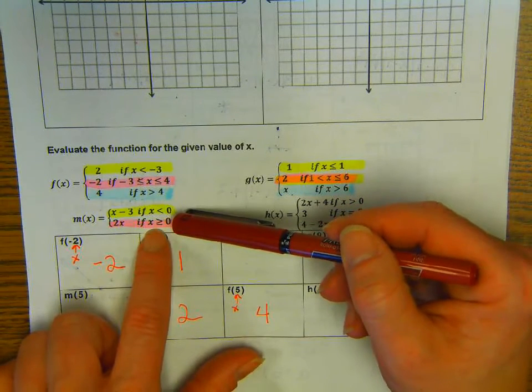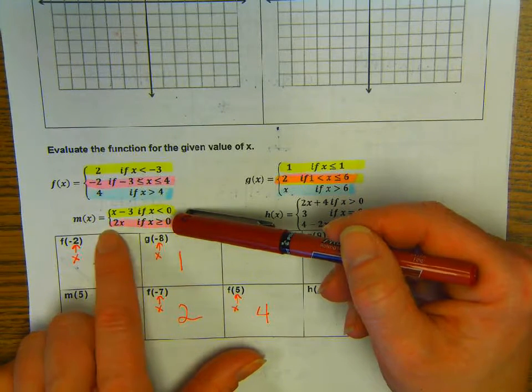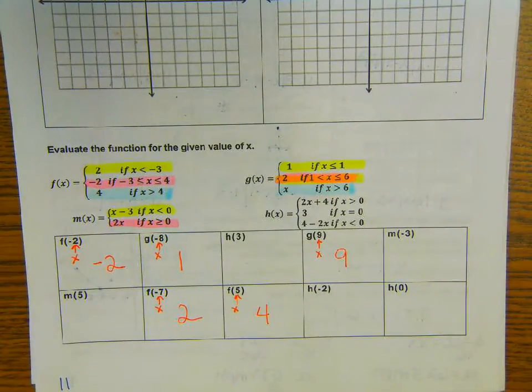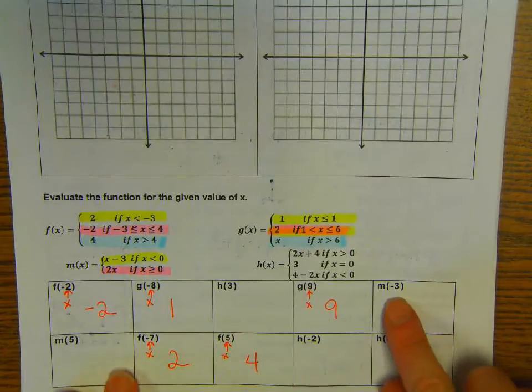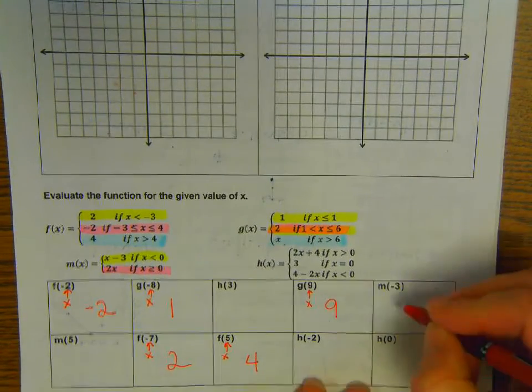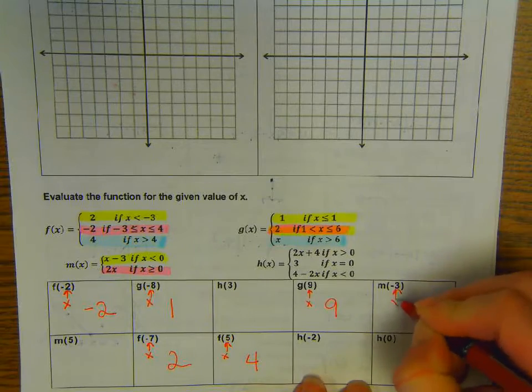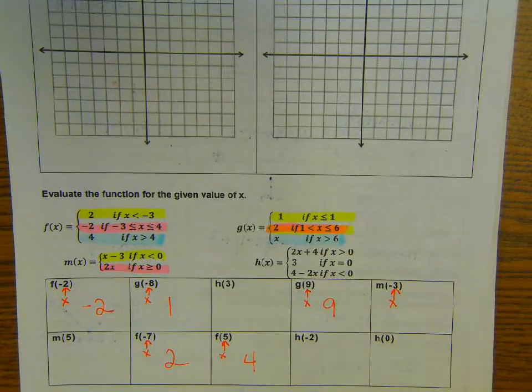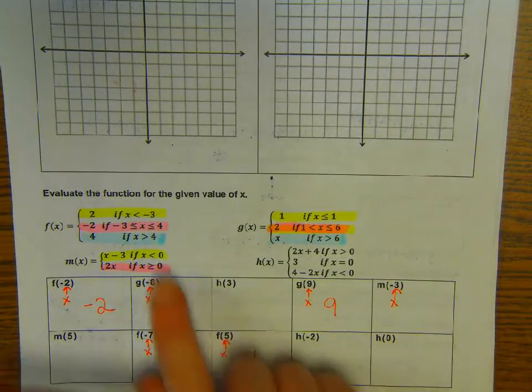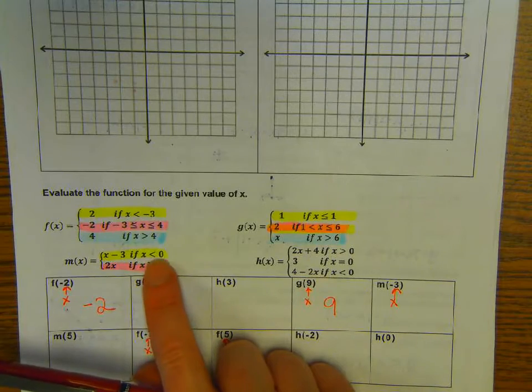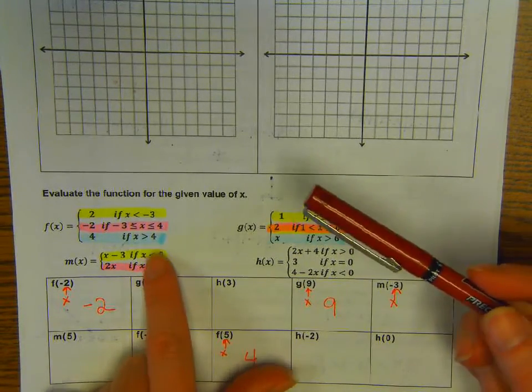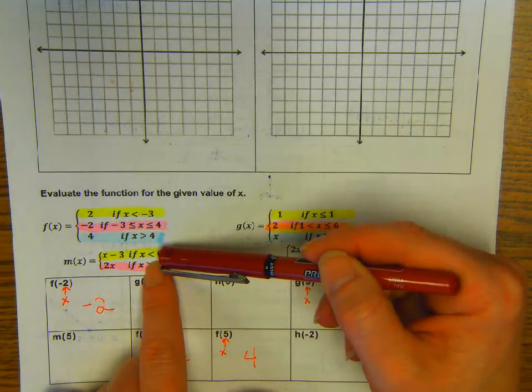If the number is bigger than or equal to 0, I'm going to plug it into the pink equation. So let's take a look at this one. I have an x value of -3. I'm going to use the yellow piece because -3 is a number less than 0. That's the only reason I use this part, to tell me which piece to use.